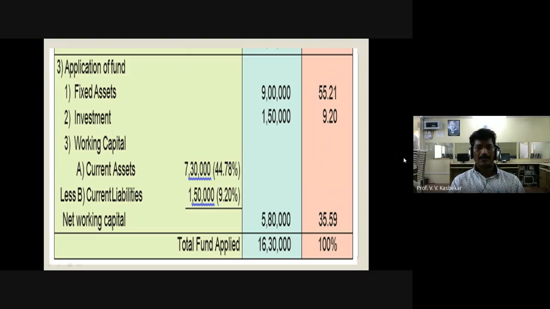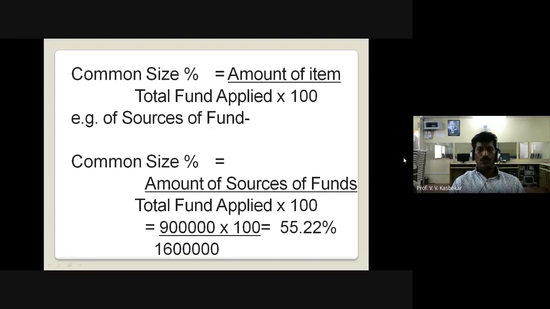Same with working capital, current assets less current liabilities. We got here net working capital, that is 7 lakh 30,000 minus 1 lakh 50,000, that is 5 lakh 80,000. And if we have to find out the percentage of working capital, then 5 lakh 80,000 divided by 16 lakh 30,000 into 100, and we got the percentage 35.59%.